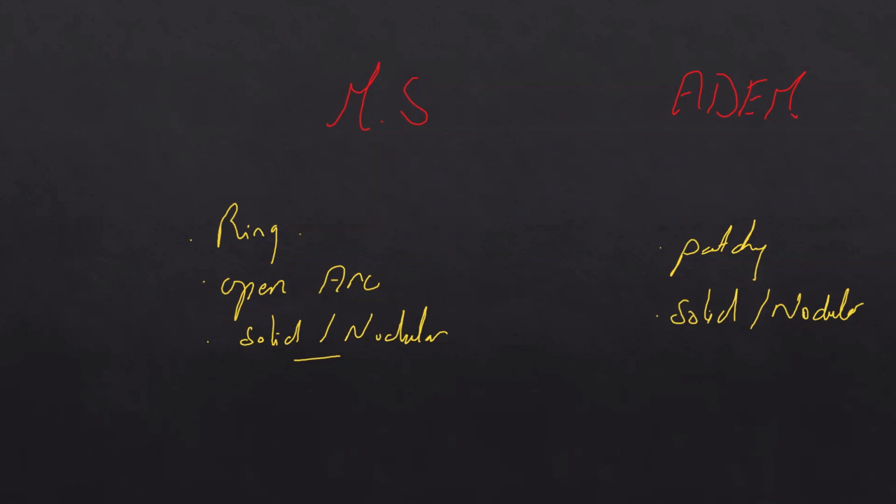And we discussed this point in one of our previous videos, that the ring will be open laterally. Sometimes MS or demyelinating plaques show solid or nodular contrast uptake, while ADEM shows patchy contrast enhancement and sometimes solid or nodular contrast uptake. Those are the main differential points to differentiate MS from ADEM.